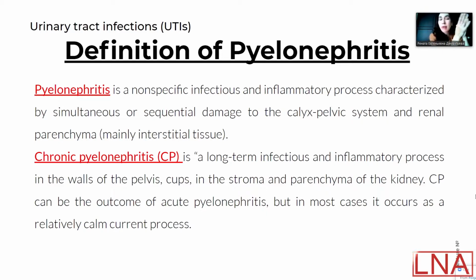Chronic pyelonephritis is a long-term infection and inflammatory process in the wall of the pelvis, calyces, in the stroma and parenchyma of the kidney. Chronic pyelonephritis can be an outcome of acute pyelonephritis, but in most cases it occurs in a relatively calm current process.